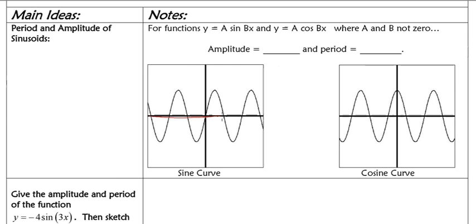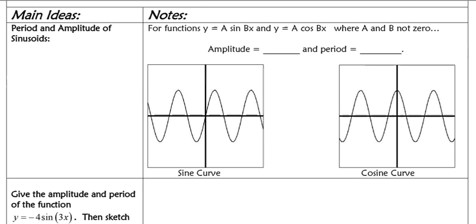So it's from wherever the center is, and if it's up or down, that's fine. From the center to the top, that's the amplitude, or from the center to the bottom, that's also the amplitude. Again, you take the maximum y value minus the minimum y value, and divide that by 2.